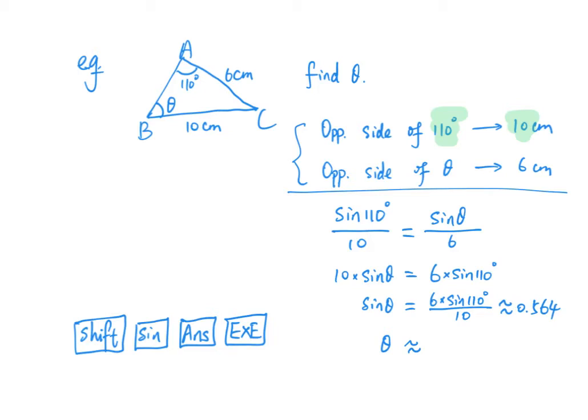So the angle should be around 34.3 degrees, also correct to 3 significant figures. This tells you how to apply the sine formula for finding the unknown angle.